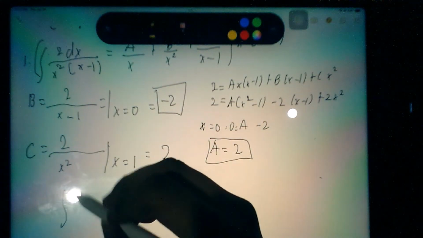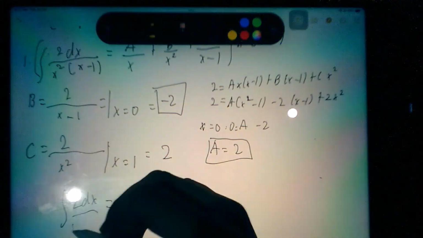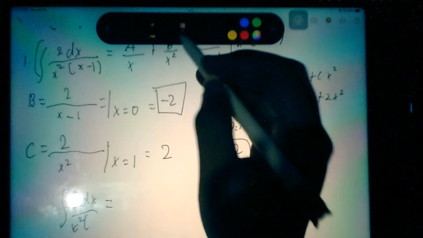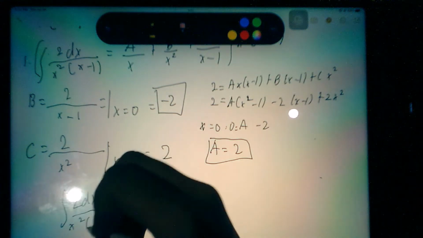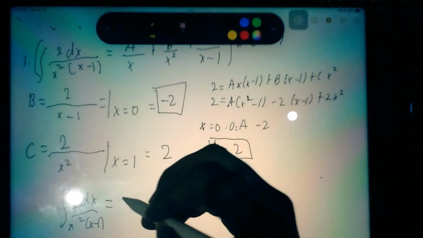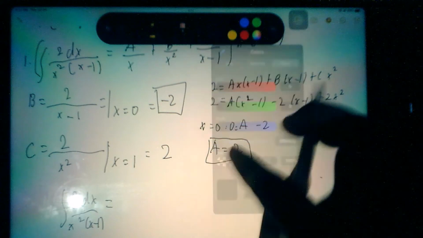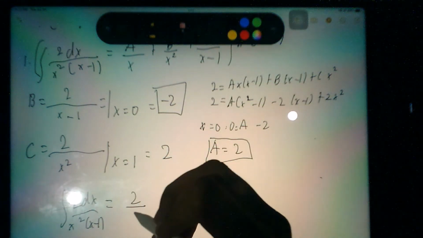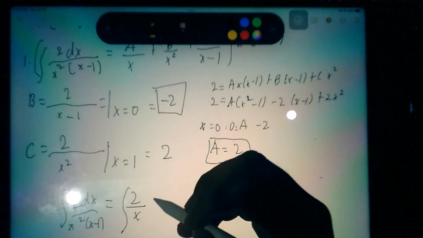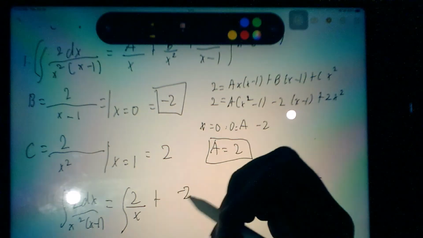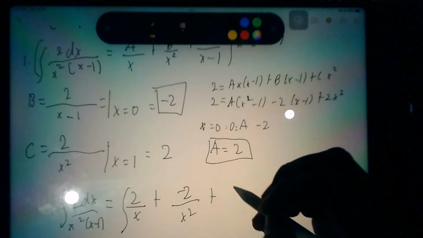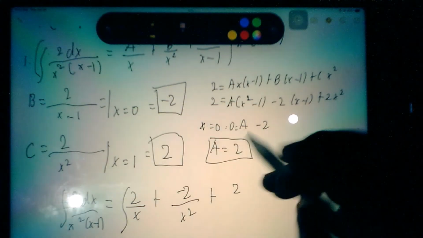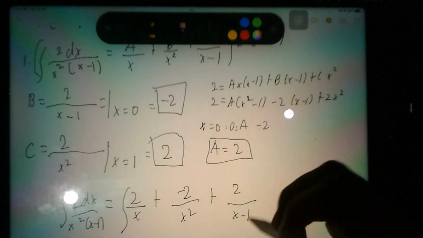The integral of 2 dx over x squared times x minus 1 is equal to, a here is 2, so 2 over x integral, plus b here is negative 2 over x squared, plus c here is 2 also, c over x minus 1.